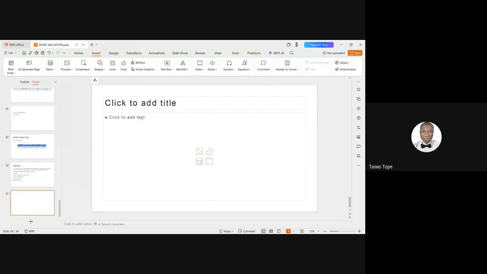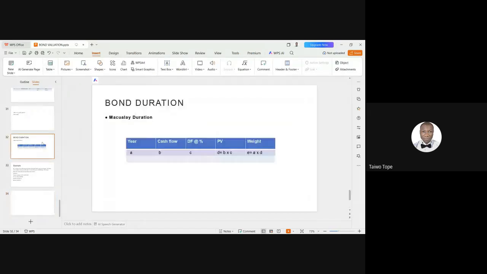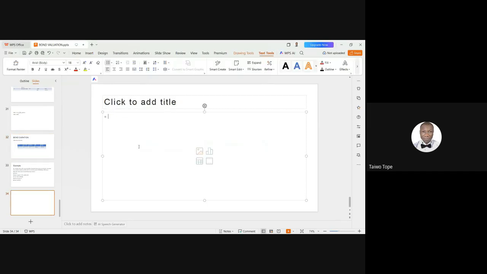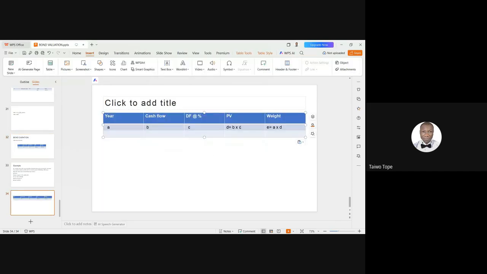So please learn to bring out the variables in this form. Based on this table that we've shown here, let's copy this. The table is our year: column A is for year. How many years are we looking at? Year 1, year 2, and year 3.